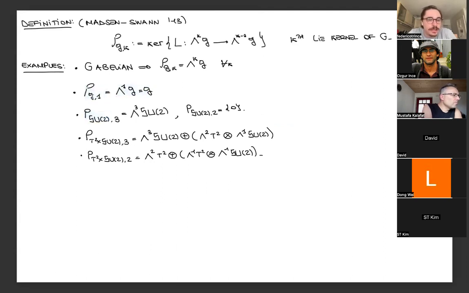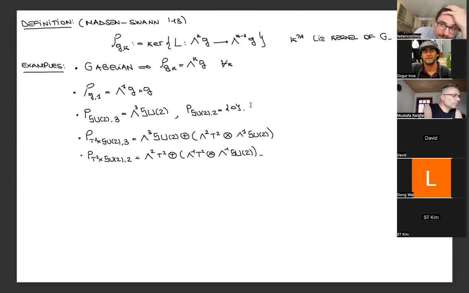And obviously, if k is equal to 1, then the one Lie kernel is just the Lie algebra of G, and you can check for SU3, for SU2, what the second and third Lie kernels are. And for the group that is going to be of interest for us, you can check that these are the correct second and third Lie kernel.